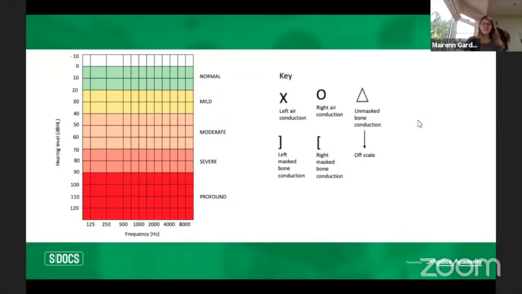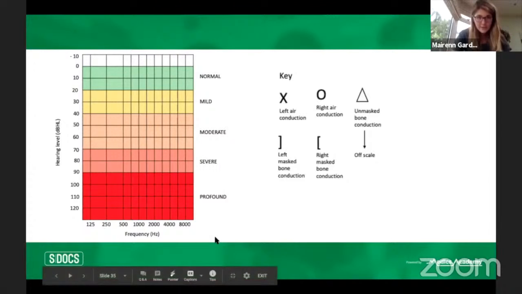So I've created here, along the left-hand side, if you can see my arrow, is the hearing level in decibels. So this is the intensity of their hearing. And along here is frequencies. So this is what frequencies they can hear.